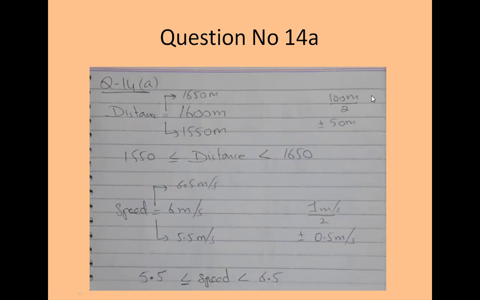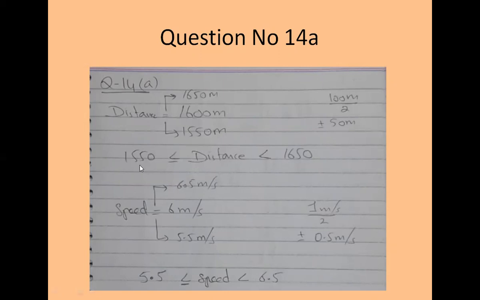So divide 100 meters by 2, that gives you 50 meters. Add 50 to the main measurement to get the upper bound, and subtract 50 to get the lower bound. So you have 1550, that's the lower bound, and 1650 is the upper bound.